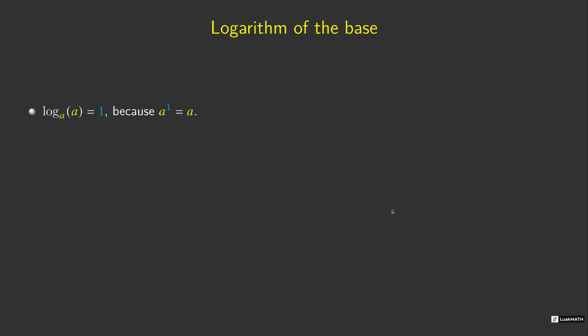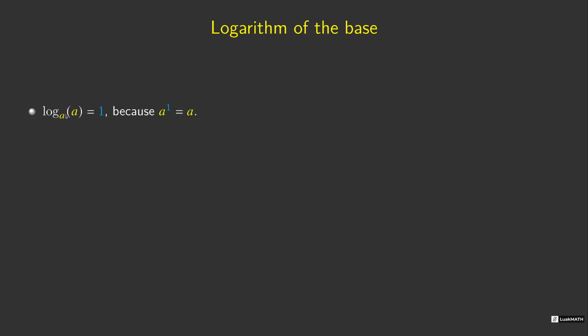Next one we have is the logarithm of the base. When the logarithm and the base match like this, log of a to base a equals 1, and you can see that easily by looking at the exponentiation. A raised to 1 equals a.